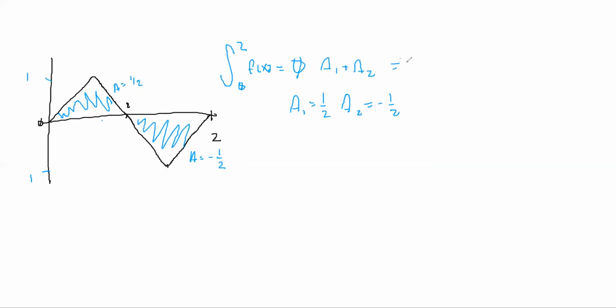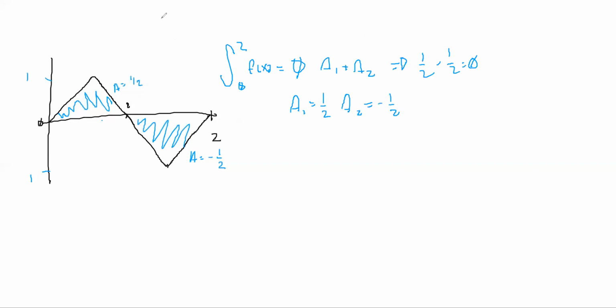So 1/2 minus 1/2 is going to be 0. Basically, what's going on in this graph is that we have these two chunks that are inverses of one another, and they're canceling each other out. So it's like we didn't travel anywhere at all if this was a distance graph.